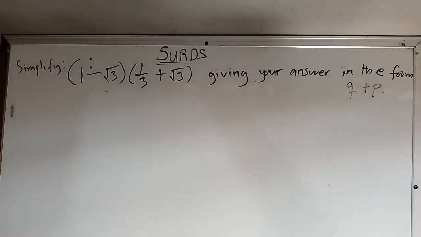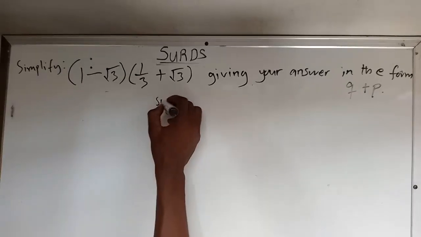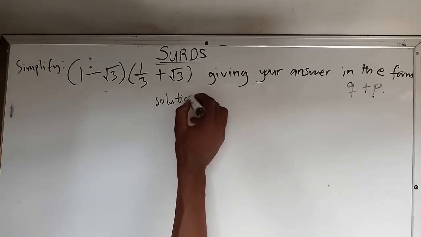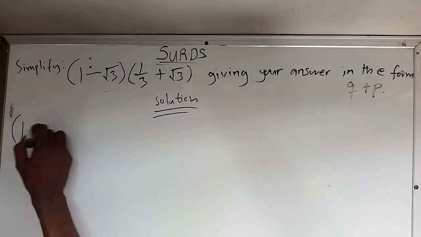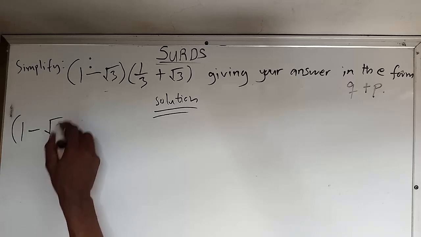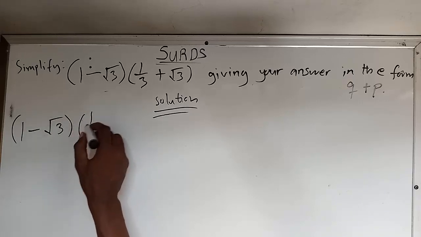We are supposed to simplify this set, giving our answer in the form q plus p root 3. So let's go. So this is the set given to us.